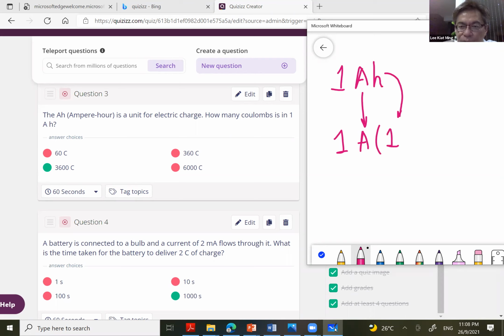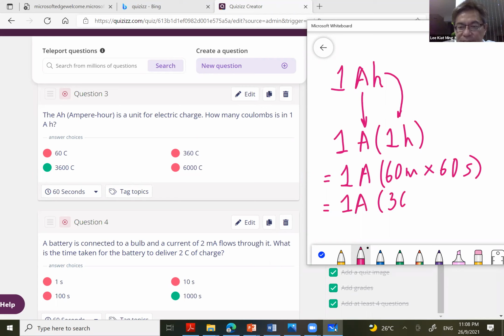This 1 hour we change to seconds: it is 60 minutes, and in each minute we have 60 seconds. So 60 times 60 gives you 1 ampere multiplied by 3,600 seconds. Therefore, you get 3,600 ampere second, which is actually coulomb.